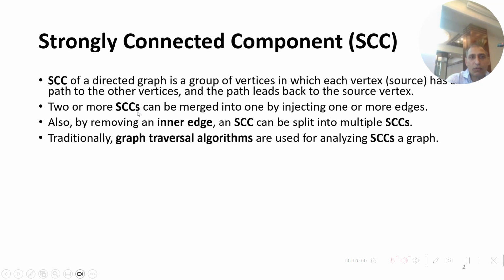Two or more strongly connected components can be merged into one by injecting one or more edges. Also, by removing an inner edge, a strongly connected component can be split into multiple strongly connected components.